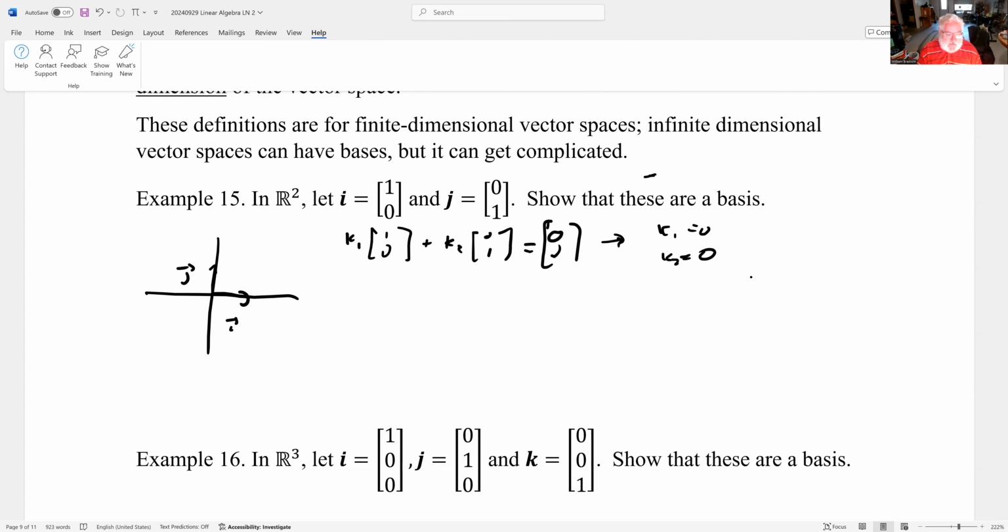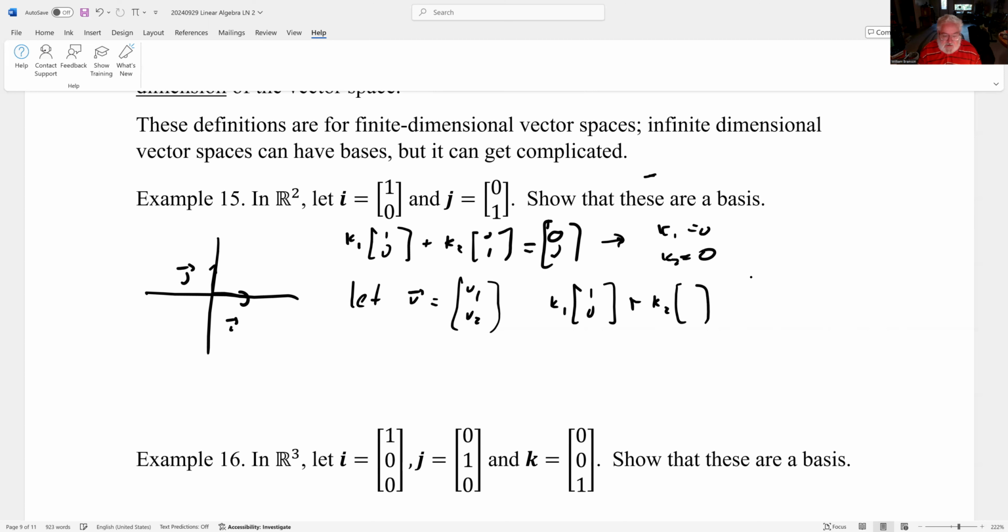Does it span? If we let V be equal to any vector, v1, v2, in the plane, then is there a solution to this k1 i plus k2 j equal to v1, v2? And this left-hand side becomes the vector k1 times 1 plus k2 times 0, k1 times 0 plus k2 times 1.